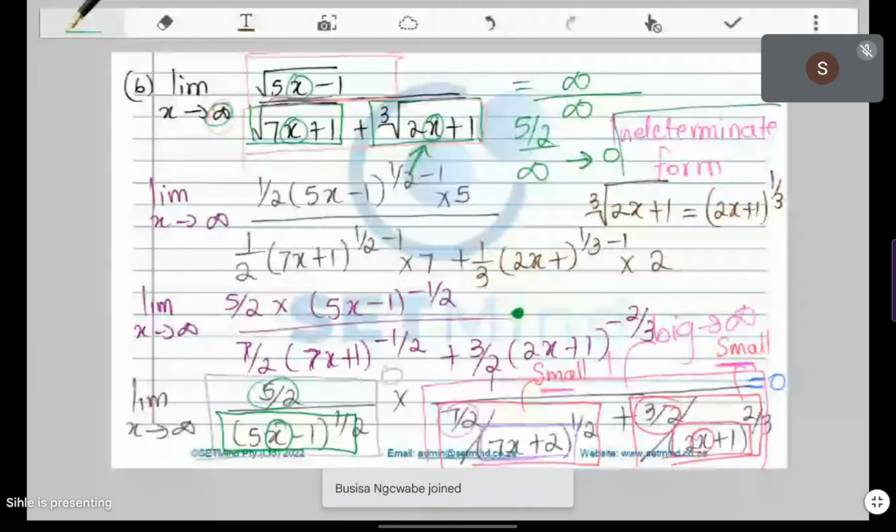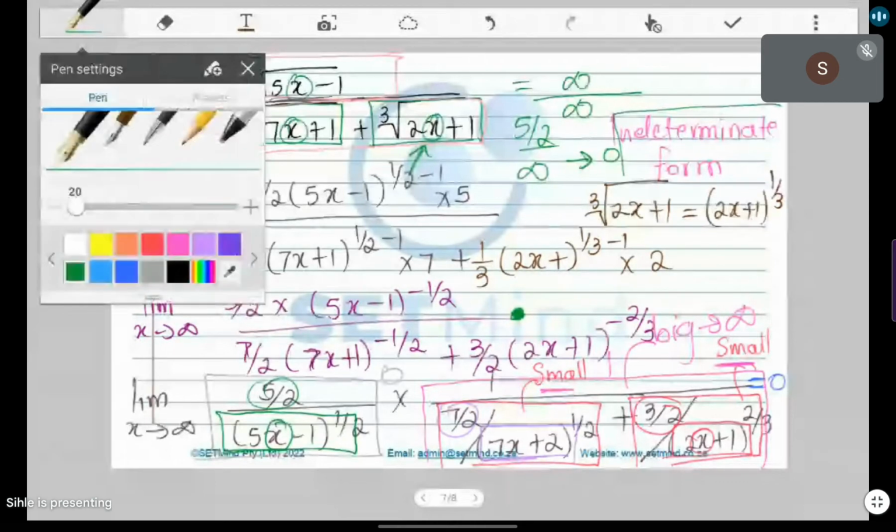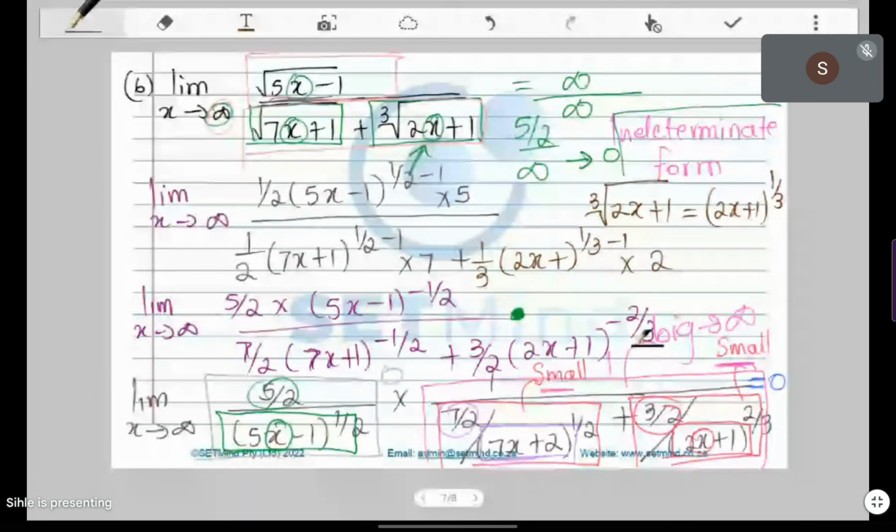On the denominator, it's 7 over 2 times 7 plus 1, all raised to minus 1 over 2, and then plus 2 over 3. Isn't it supposed to be 2 over 3, not 3 over 2? Oh, now I see you corrected it. Yes, I wrote 2 over 3.